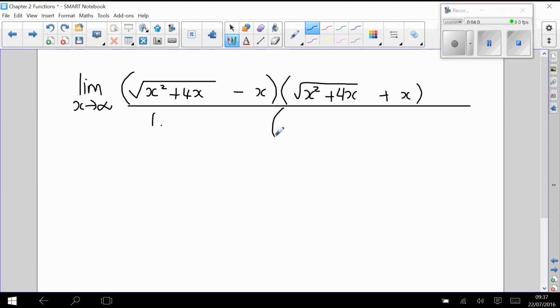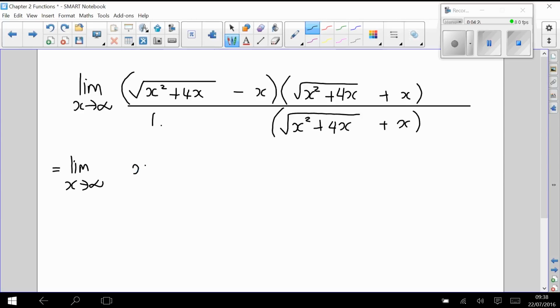But if I do that in the numerator, and I don't want to change the value of my expression, I must times it by the same in the denominator. In other words, that conjugate over itself is timesing by 1. Now by multiplying out the brackets in the numerator, a root times a root is a root squared.